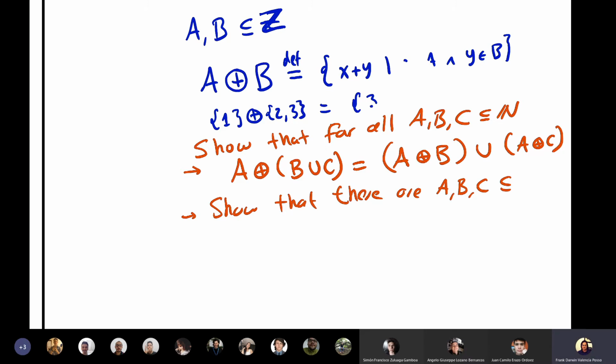It's easy. You have the set, the integers.